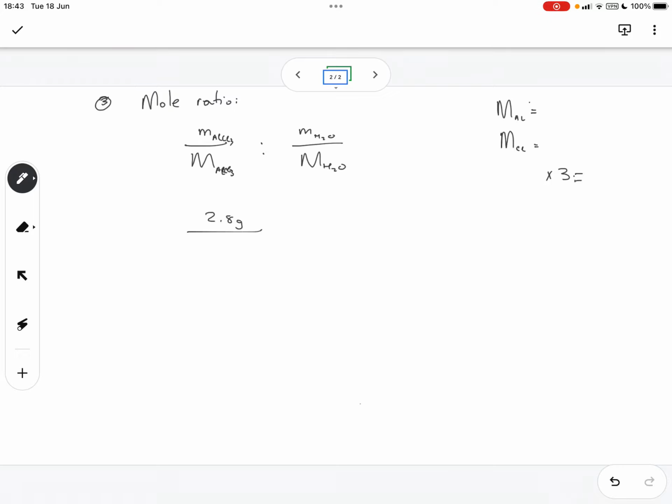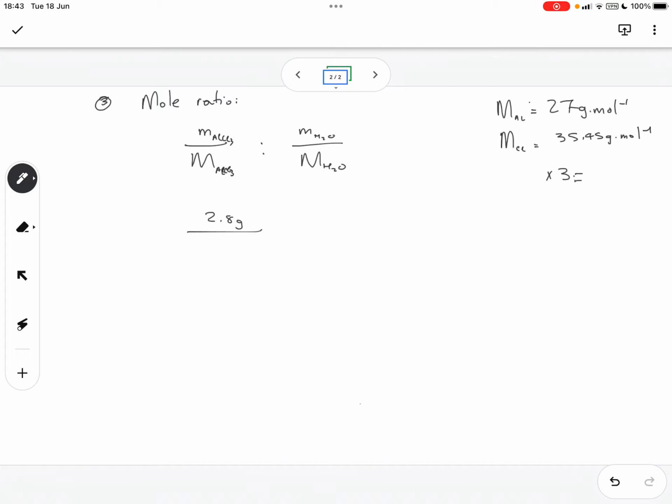So aluminium, the molar mass is 27 grams per mole, and chlorine it's 35.45 grams per mole.